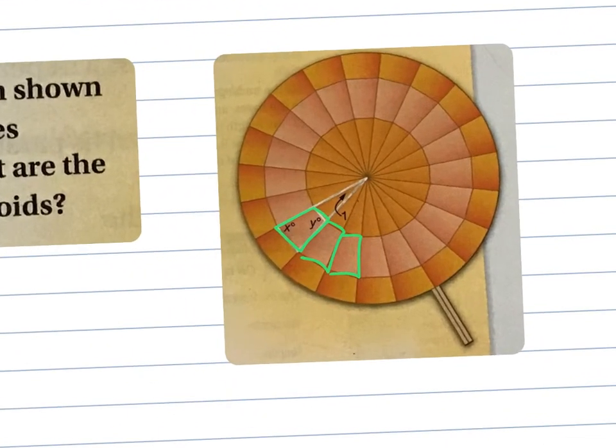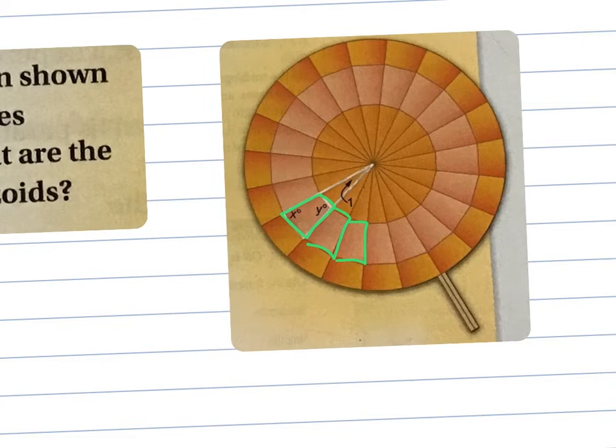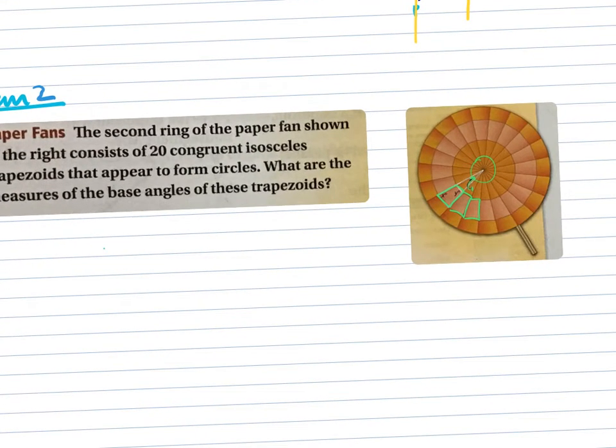This is called angle 1. So the measure of that angle, if this is a circle and there are 20 of these, is going to be 360 divided by 20. So the measure of angle 1 is going to be 360 degrees divided by 20, which is just 18 degrees.